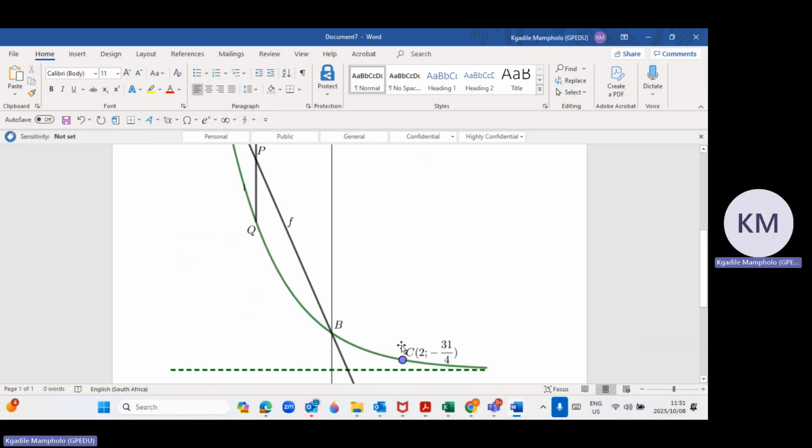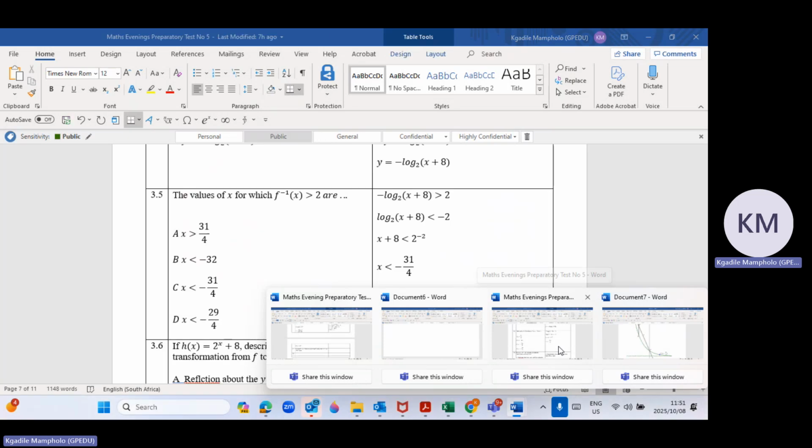For greater it means above. Above this negative 31/4, the graph is going to the left. So since we are treating this negative 31/4 as the x now, then you'll say x is less than negative 31/4. But to be on the safe side, you must just calculate.